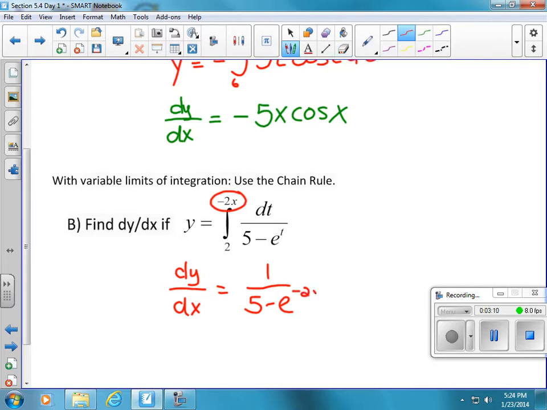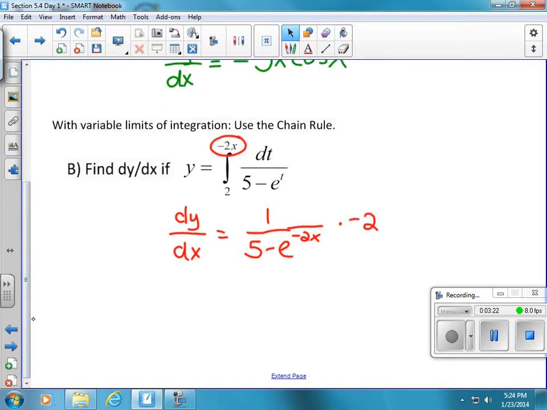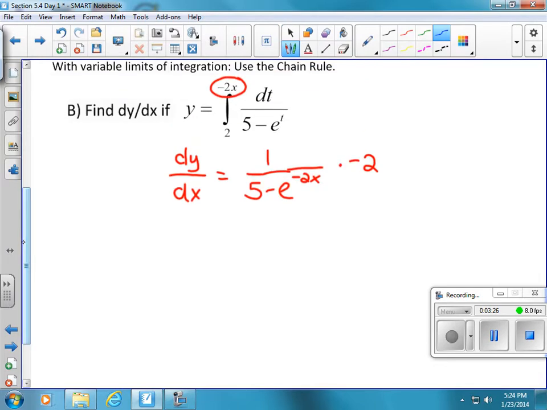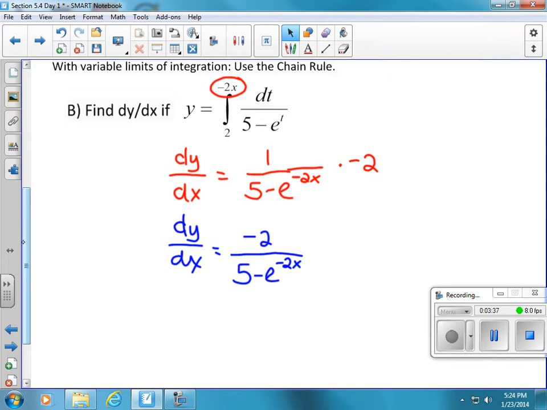Negative 2x, so we also want to multiply this by the derivative of negative 2x, and that's just times the negative 2. So let's clean this up just a teeny bit by putting dy dx equals, put a negative 2 on top, 5 minus e to the negative 2x. And that's your pretty little answer.